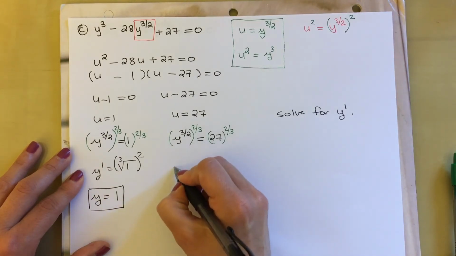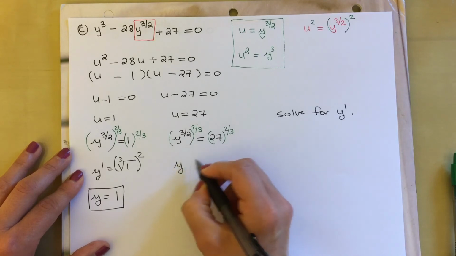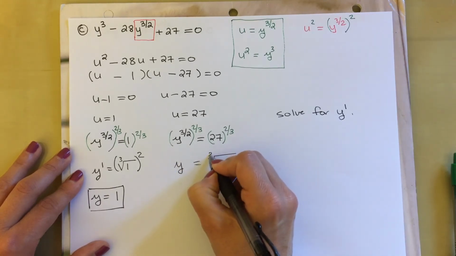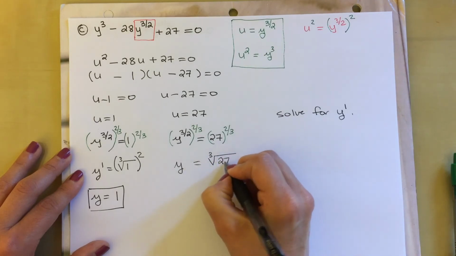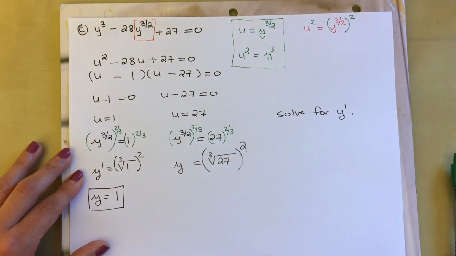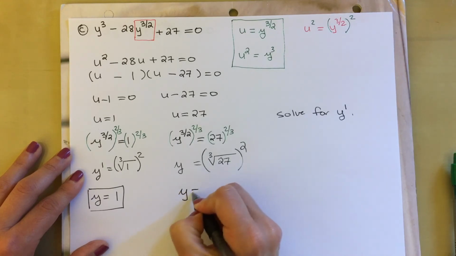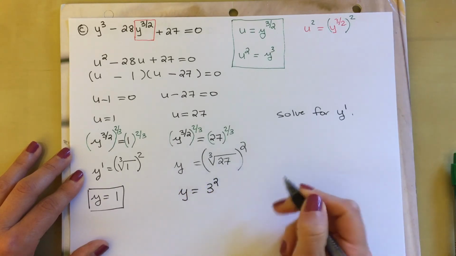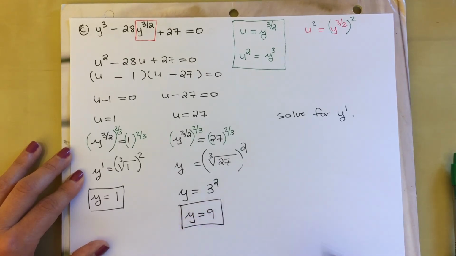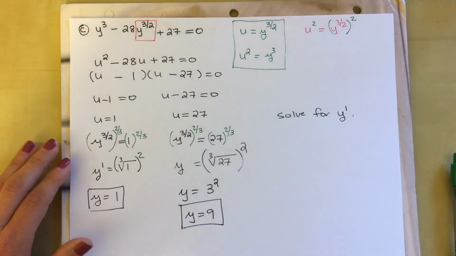Same thing here, we get y to the first, or just y, and this is cube root of 27 squared. Cube root of 27 is 3. So that's going to give us y equal to 3 squared, which tells us that y is equal to 9. And so we have our two solutions.